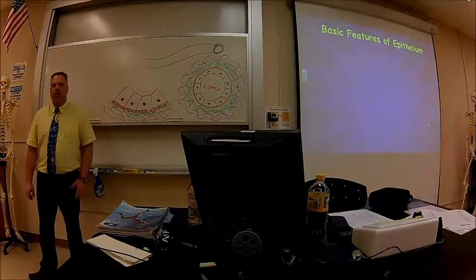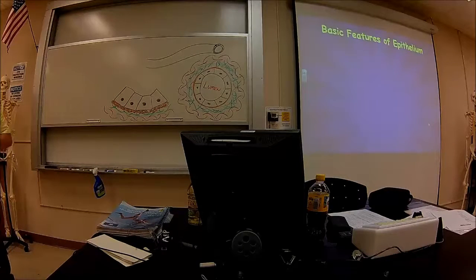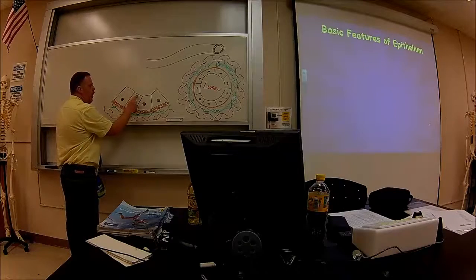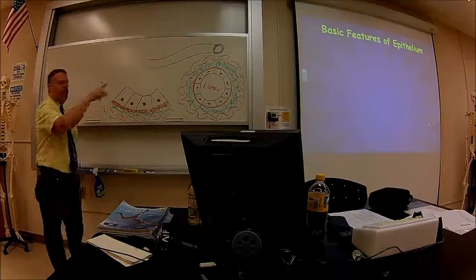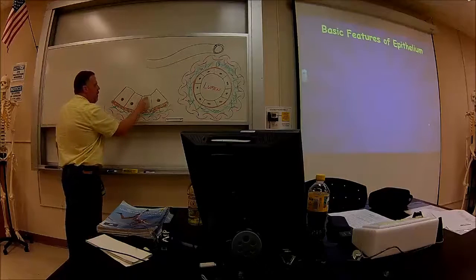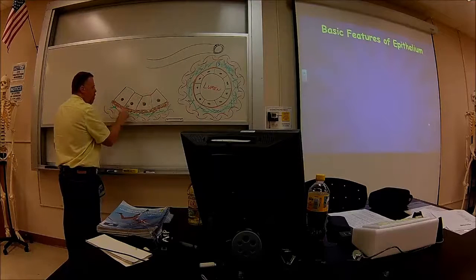The side that is facing the lumen, or the outside world, the uppermost layer, that's called the apical end. Everything I'm saying here is going to be on the next few slides, words-wise. This will be the apical end. This will be the basal end.